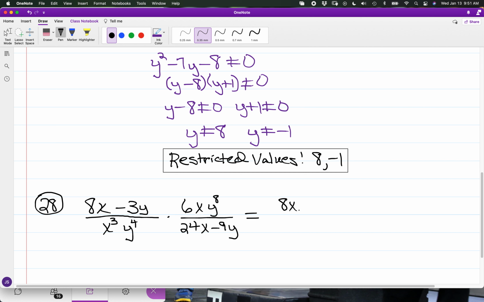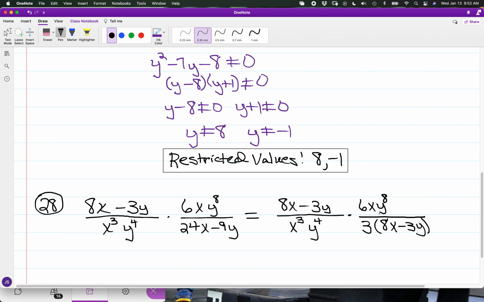So if I treat the second denominator once again by drawing out 3 as the greatest common factor, we have 3 times the quantity 8x minus 3y.